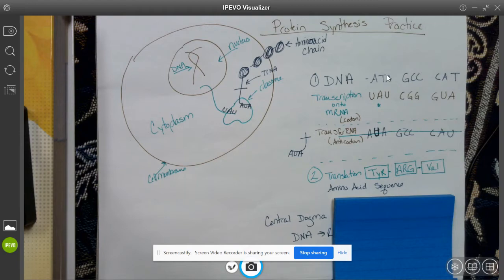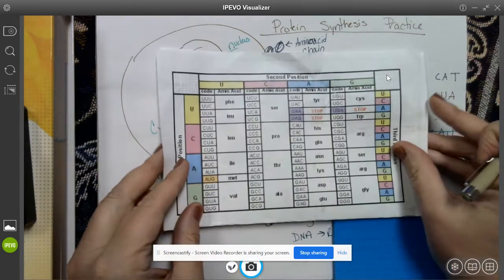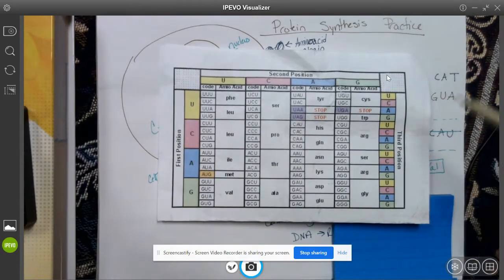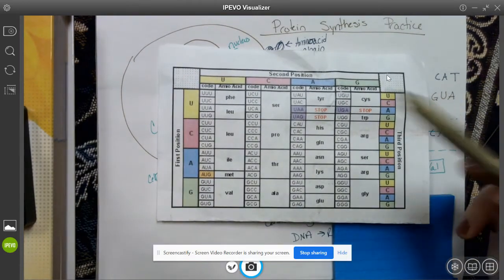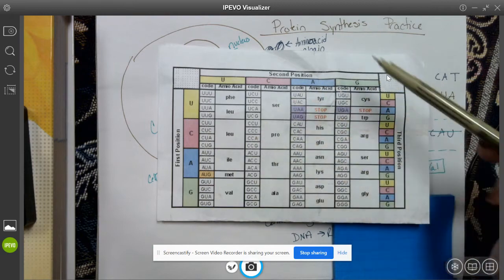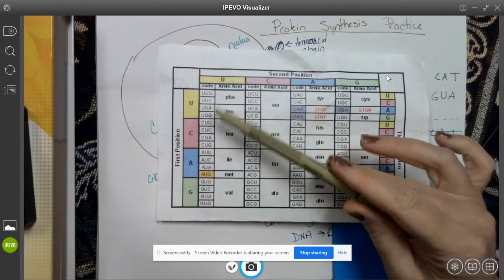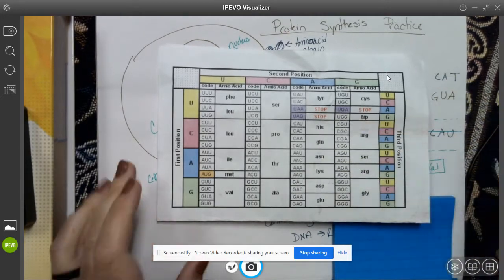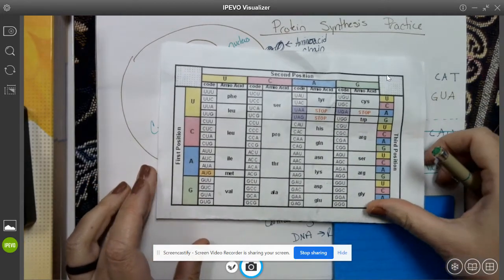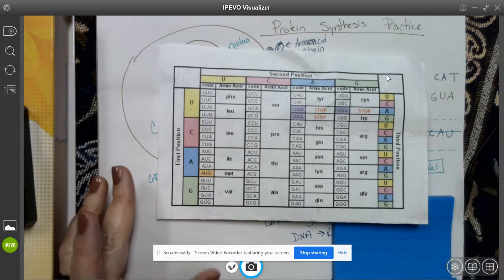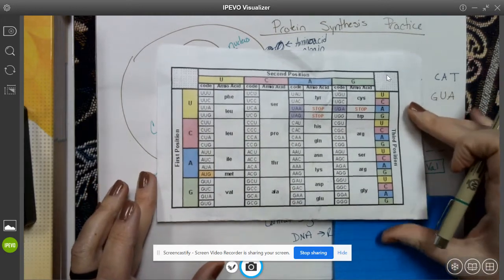We've been talking a lot about a code, and when you have a code, you need a special decoder. The decoders that help us figure out which amino acid codes for a specific sequence on the messenger RNA are called amino acid codon decoders. You can just Google that and look it up.